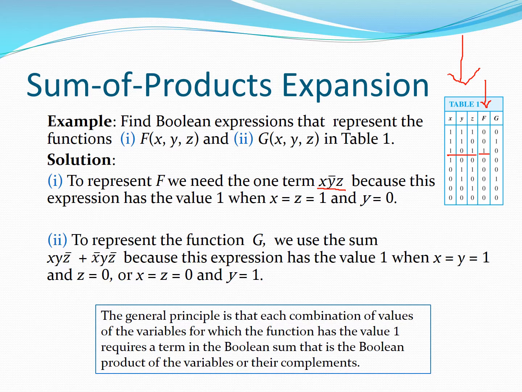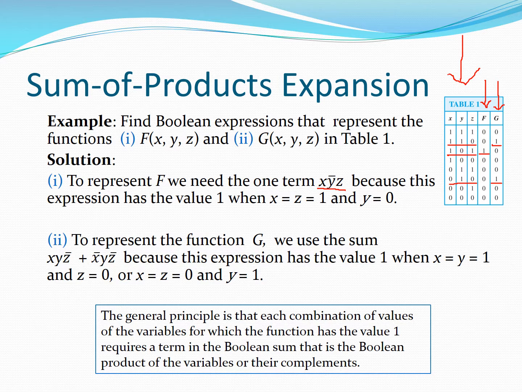So now let's look at the other function that's been given to us, the function g. How do you find the sum of products expansion for the function g? Let's take a look at the column for g. Let's start by looking at where 1 appears. So we have a 1 right there, and then we have another 1 right there. Now we are going to look at what the values of x, y, and z are for those rows. Let's look at the first time 1 occurs.